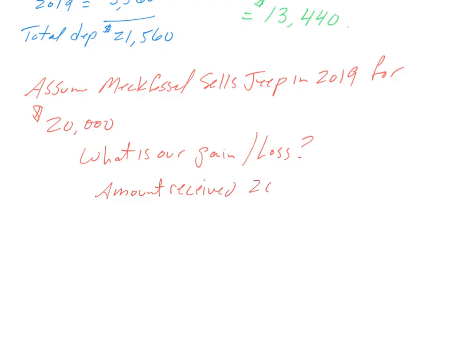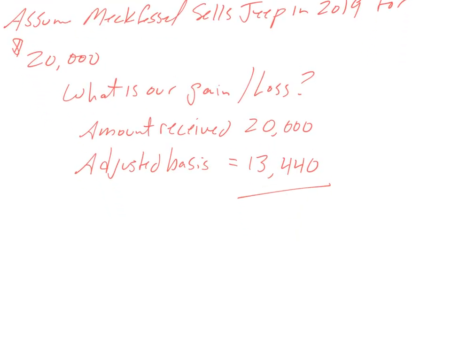We have amount received of $20,000 minus our adjusted basis of $13,440. And so what do we have? Well, we have a gain of $6,560.